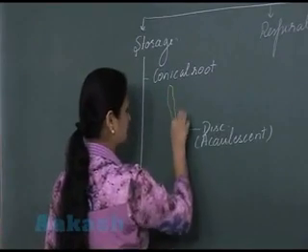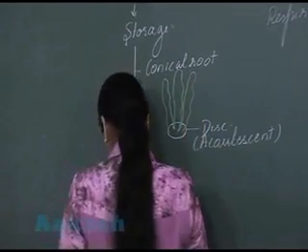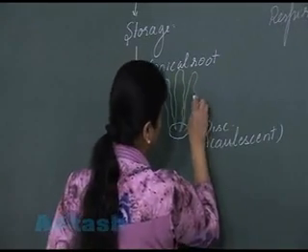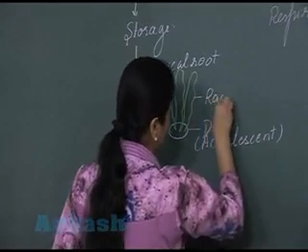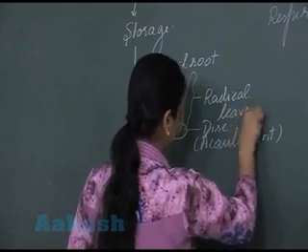Over the disc, there is presence of leaves. Disc के ऊपर, reduced stem के ऊपर जो leaves present होती हैं, these leaves, they are known as radical leaves.